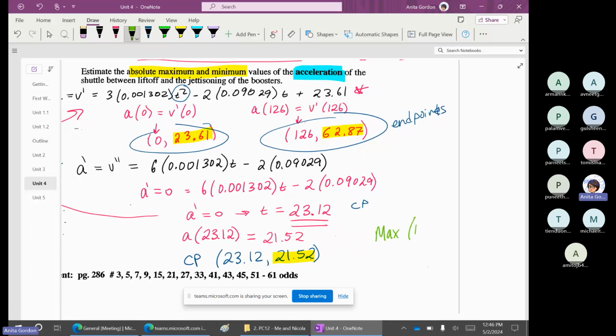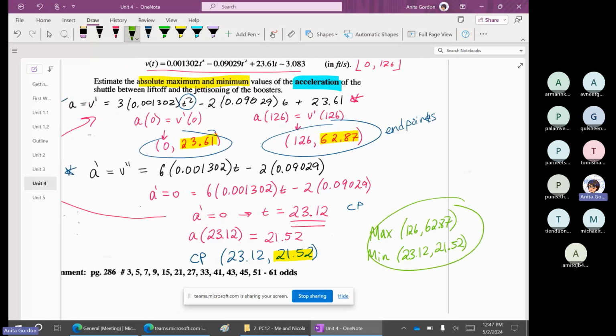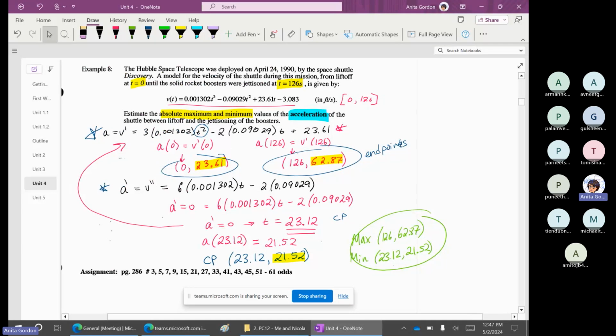Max is at 126, comma 62.87, and min is at what? 23.12. So the critical point is our minimum, 21.52. Okay, so ugly question in terms of the numbers, but we're following the same method. We have a closed interval, check the endpoints, find critical values, compare the y's, and off we go.